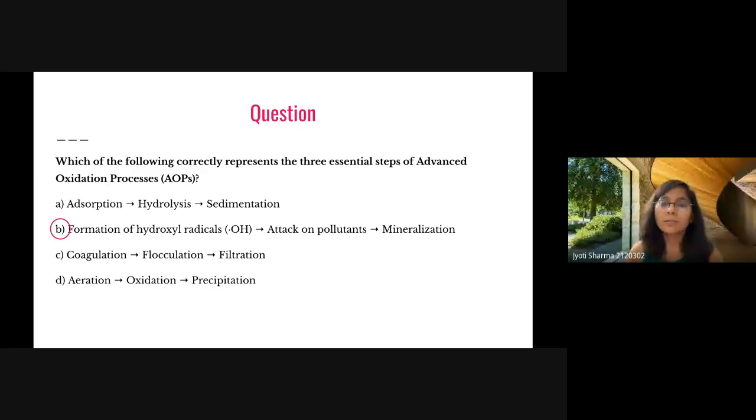So within AOP, first we generate hydroxyl radical, then there is a reaction between this hydroxyl radical and the pollutant, and then the pollutant is mineralized, and this is how all the contaminants are removed.